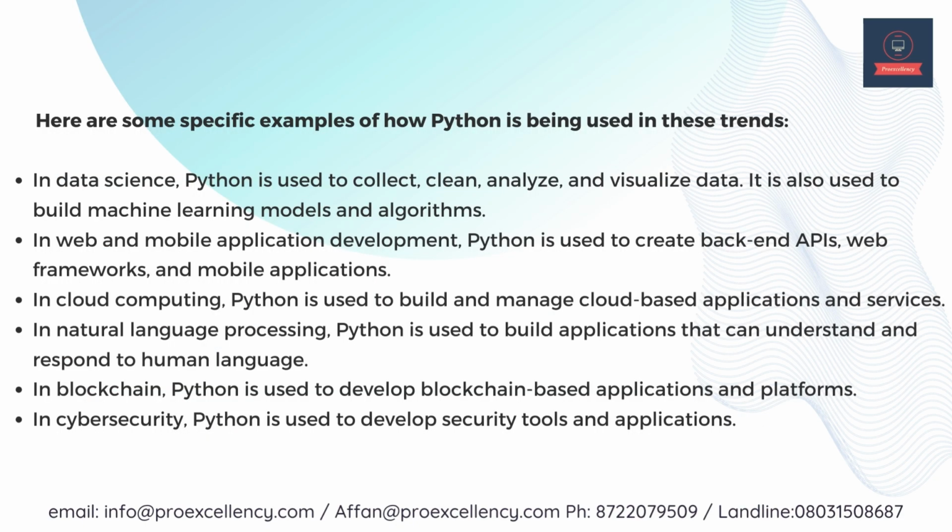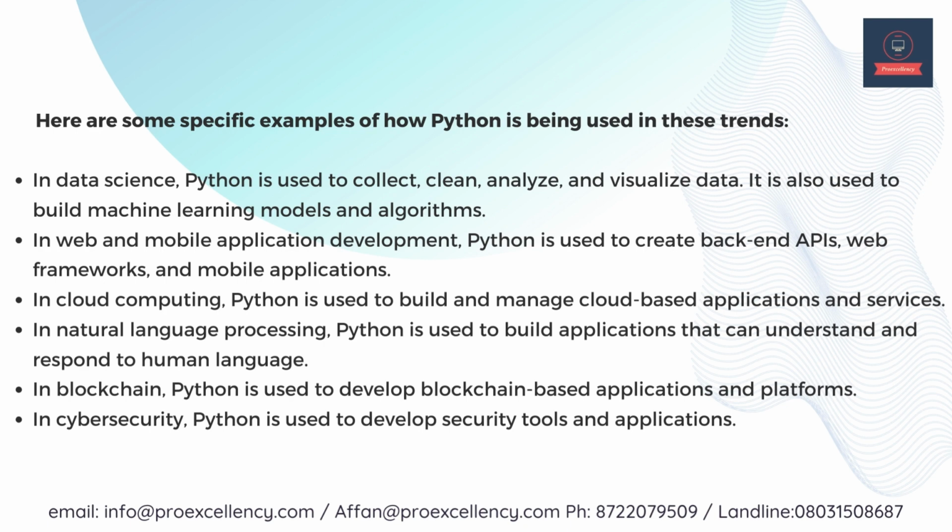Here are some specific examples of how Python is being used in these trends. In data science, Python is used to collect, clean, analyze, and visualize data. It is also used to build machine learning models and algorithms. In web and mobile application development, Python is used to create backend APIs, web frameworks, and mobile applications.